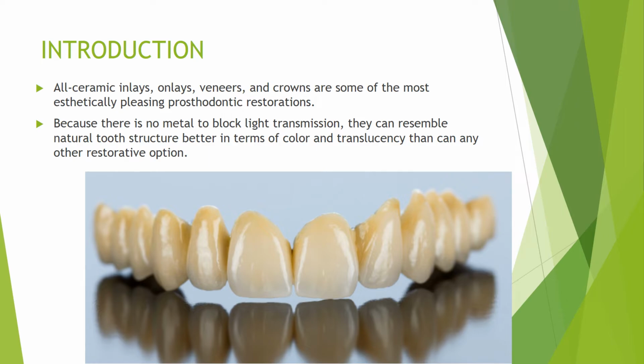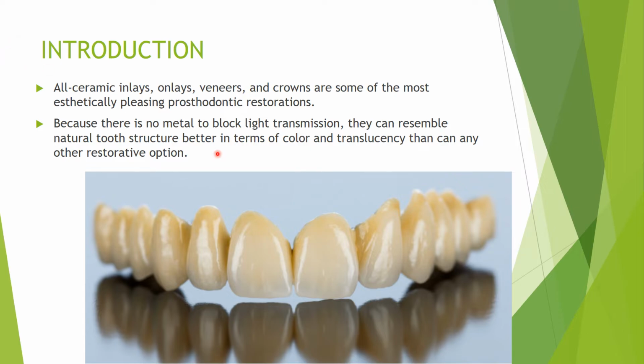Coming to the introduction, all ceramic inlay, onlay, veneer, and crowns are some of the most aesthetically pleasing prosthodontic restorations because there is no metal to block out the light transmission. They can resemble the tooth structure very naturally, which is very good in terms of color and translucency compared to the other restorative options.